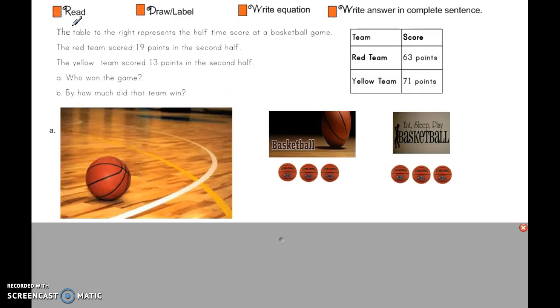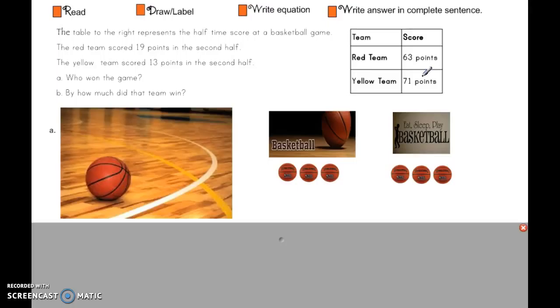So let's take a look at the table over here at the right. I know that this table tells me what the score is at halftime. If I look, the red team scored 63 points at halftime, and then the yellow team had 71 points by halftime.